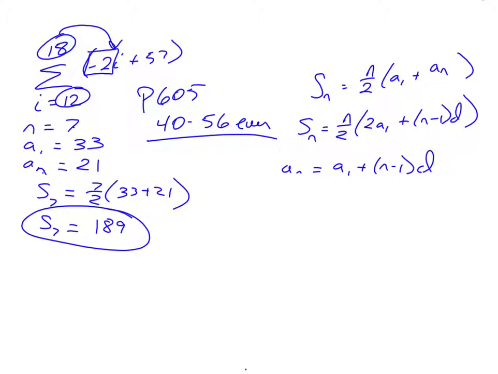Because what is already in our formulas? n, and the n that is in that summation notation is not the same n that's in our formula. So when you write those summation notations down, I would put i in it like I did, or some other variable. Because when you use n in a summation notation, and you use n in these formulas, you get confused on which n is which. So when you write those down, I would change those to i or k or j or something like that.